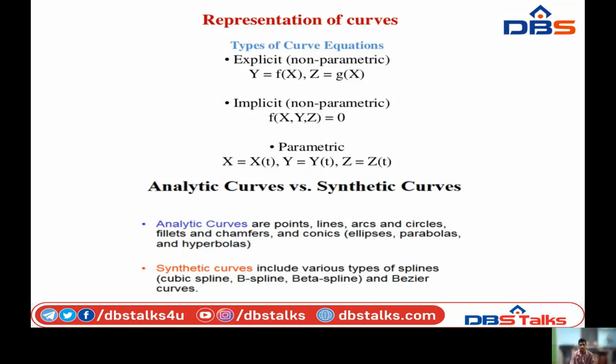That means in analytical curves, more planar curves, lofted surfaces, planar, lofted, tabulated, etc. In these analytical curves, we also discussed chamfers and conic sections: ellipses, parabolas, and hyperbolas.